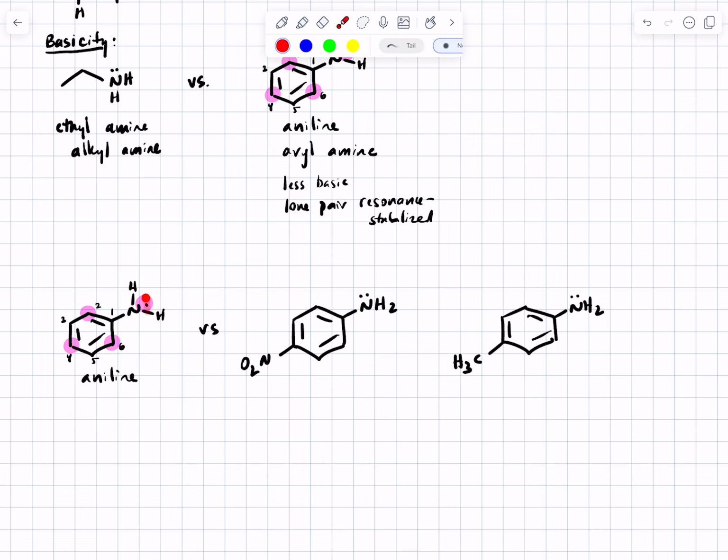Remember, the principle is we've said that aniline is a weaker base than the alkylamine, a stronger base, because the lone pairs in aniline are stabilized by resonance. So what do you think the effect of an electron withdrawing group versus an electron donating group is for the lone pairs on these aniline derivatives?